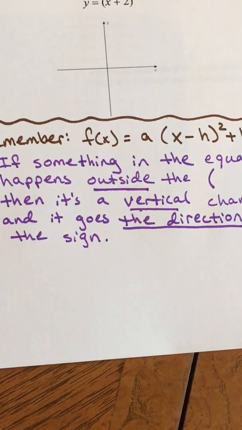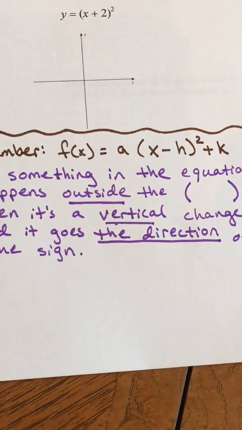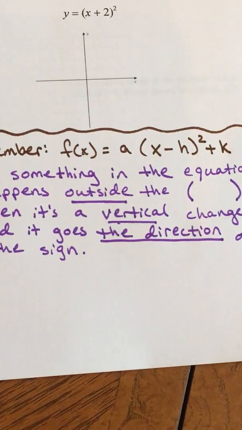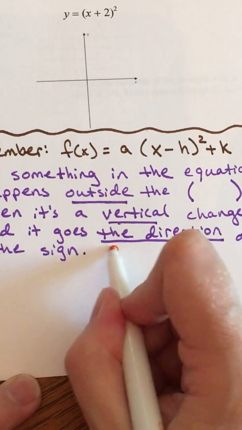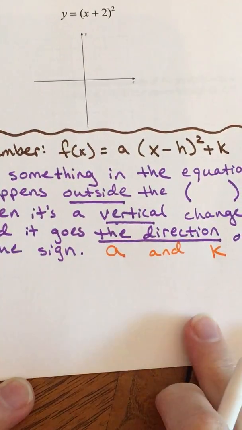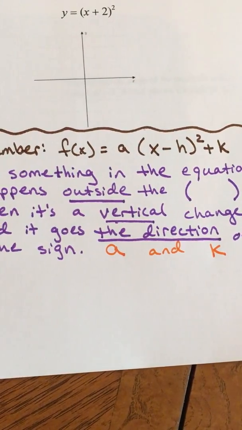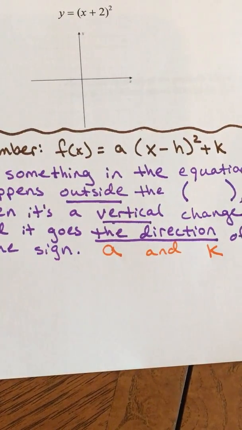Okay, so if you look up at our function, what two terms are outside of parentheses? That would be a and k. They are going to do something vertical with your graph because they're outside of the parentheses, and they will go the direction of the sign.